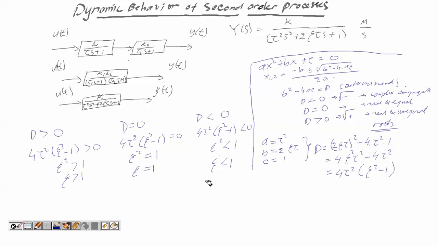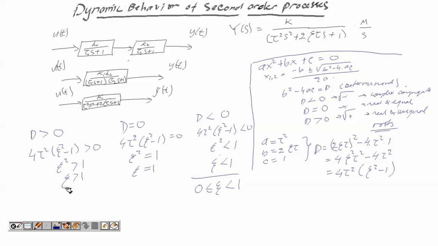Here we define that zeta is more than or equal to 0. So in the third case, zeta is more than or equal to 0 and less than 1. So there are three cases.